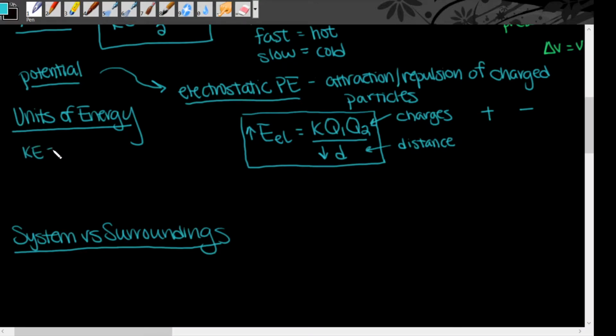Let's think about where these units of energy actually come from. Let's derive the unit of energy. So if we look at the kinetic energy equation, 1/2 mv squared, if we measure mass in our SI base unit, which is kilograms, and velocity in meters per second, and then we square it, the unit that we end up with is kilogram meter squared per second squared.